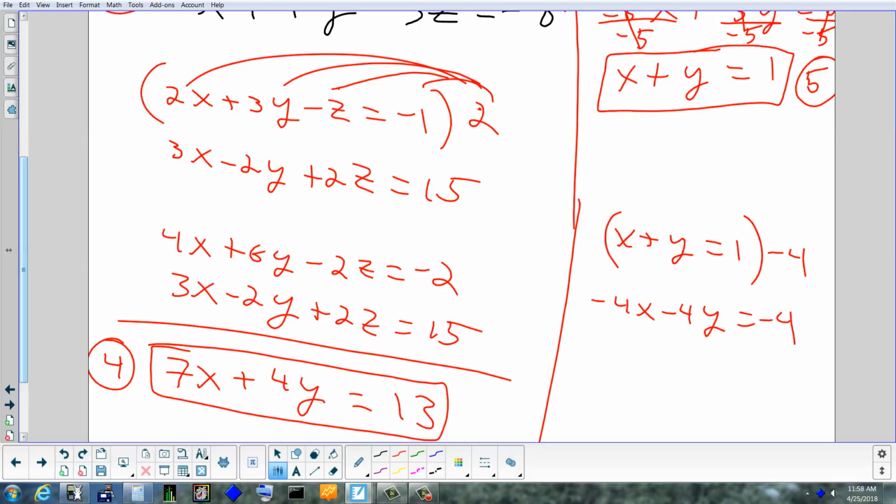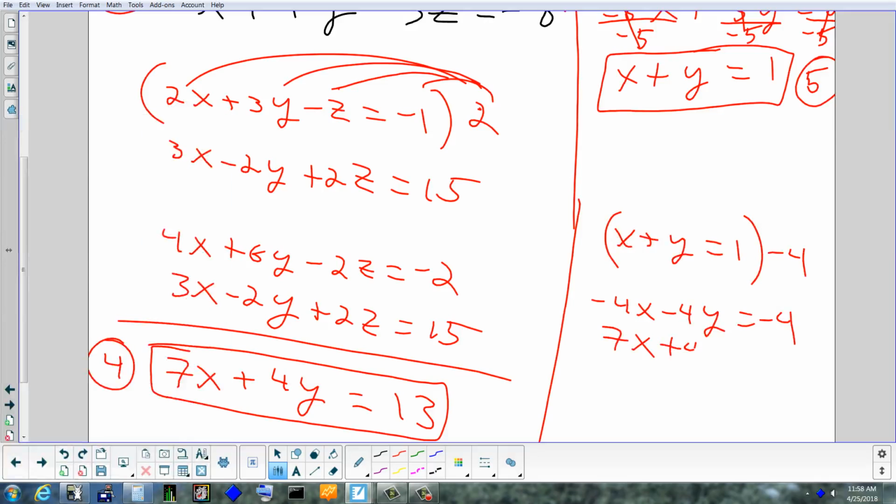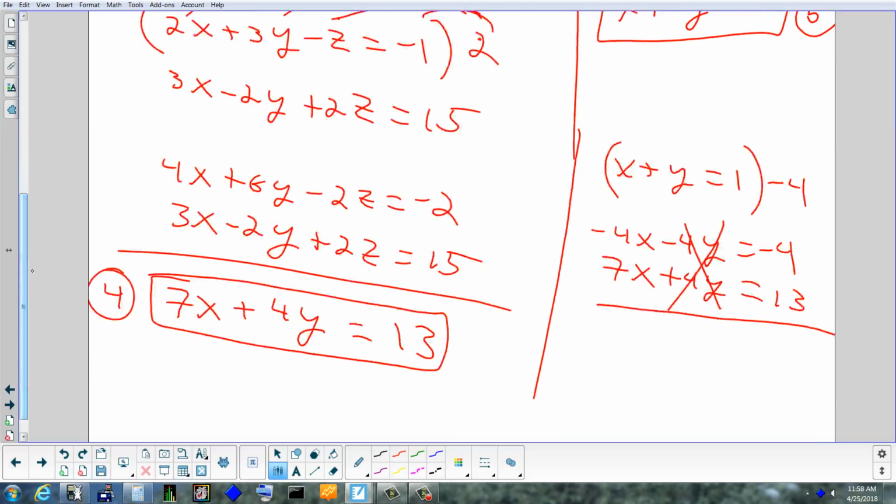And then copy down the one we had right below. 7x plus 4y equals 13. Y's are gone. Now we're going to know one of our variables in a second. What's negative 4x plus 7x? 3x. And what's negative 4 plus 13? 9.